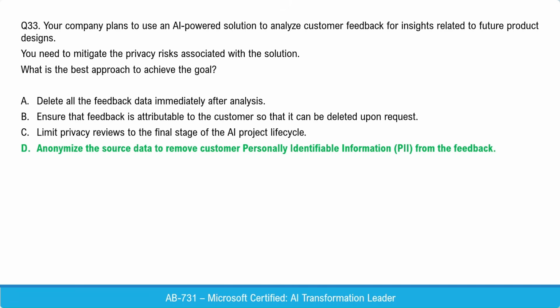This actually increases privacy risk instead of reducing it. Option C delays privacy considerations until the end, which is not recommended. Privacy should be built into the solution from the very start. So the correct answer is option D, anonymize the data.